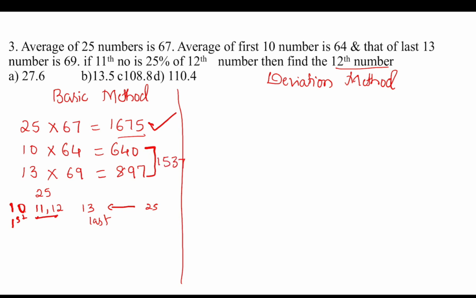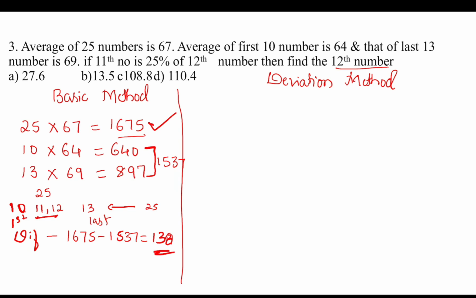So therefore the 11th and 12th number sum is equal to the difference of those. Difference is how much? 1675 minus 1537, which is equal to 138. So okay, the sum of the 11th and 12th number is 138. So all this I had to do till I reach here.